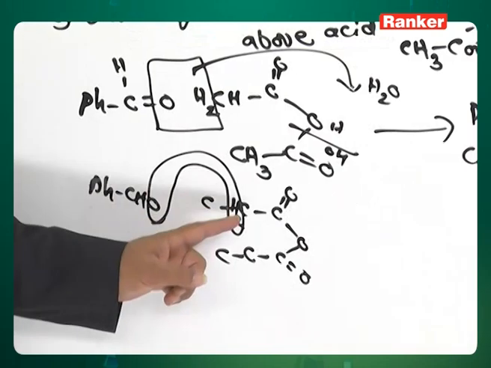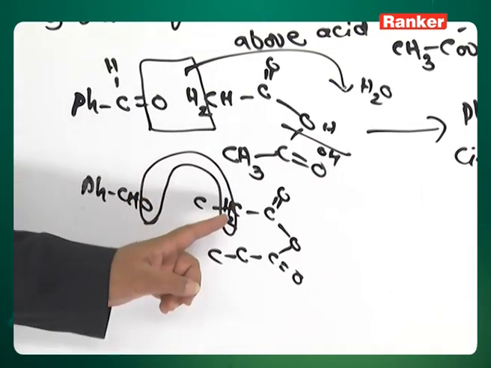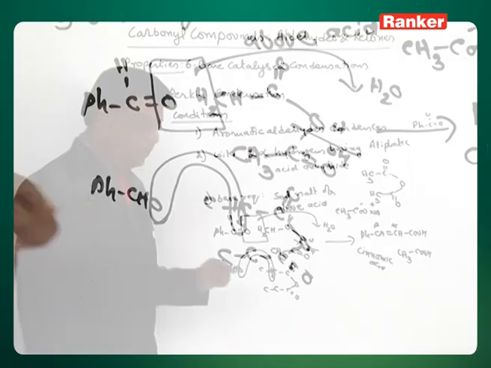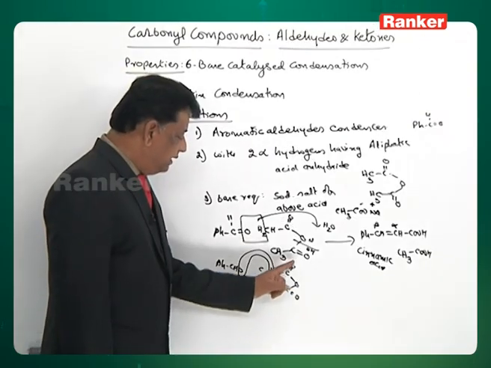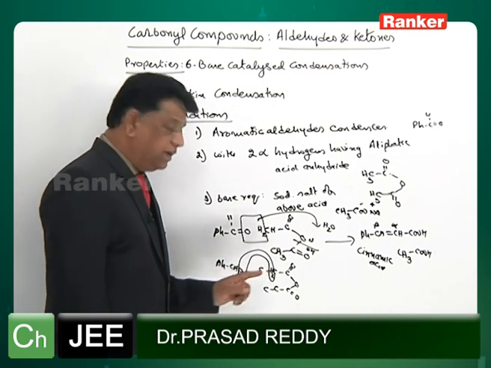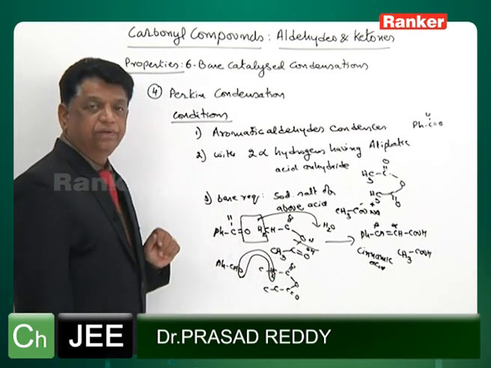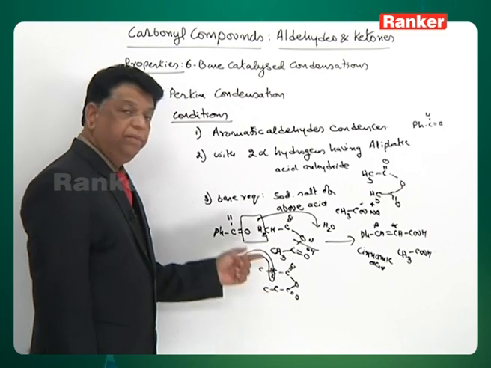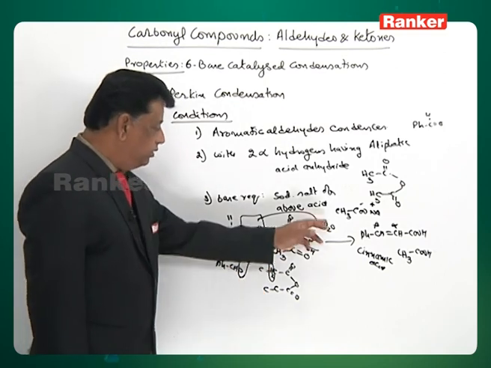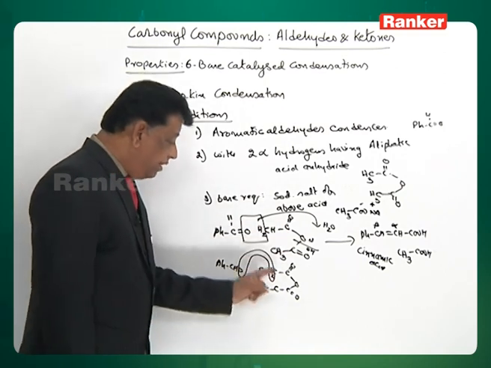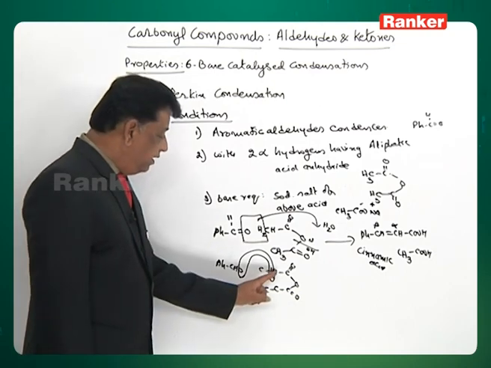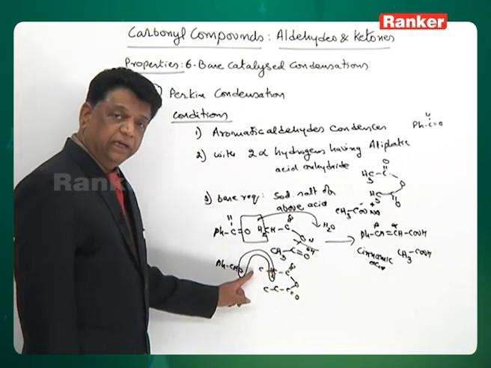Only the alpha. Why only alpha? Alpha hydrogen shows hyperconjugation or enolization, tautomerization. Those hydrogens are also called acidic hydrogens. They can only be removed. What is the role here? The OH takes away a proton, and an anion is formed. This anion is formed on the second carbon, not on the third carbon.